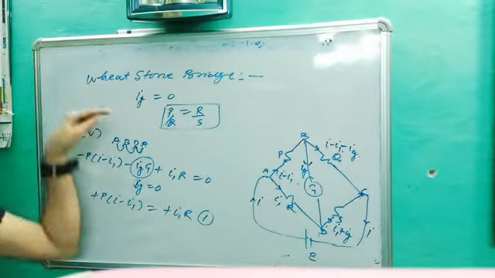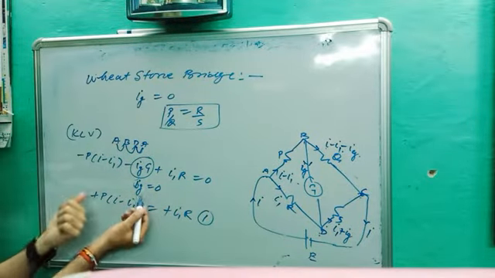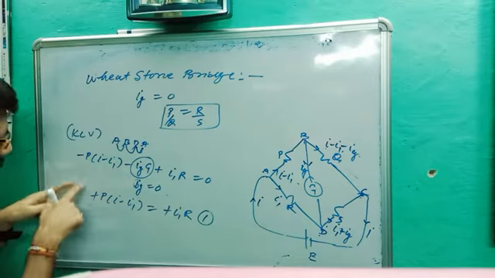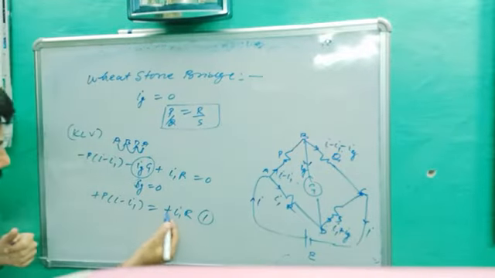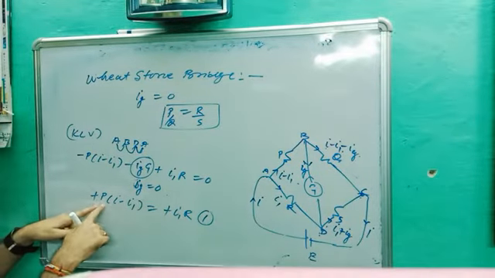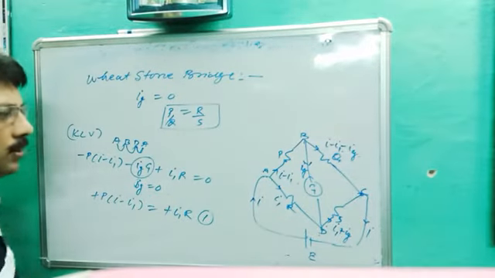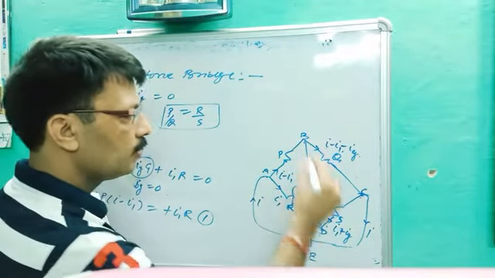Our aim is, if Ig is equal to 0, then P upon Q is equal to R upon S. So we get P(I minus I1) equal to I1 into R. This is equation number first, and the loop was A, B, D, A. Okay. Second loop.